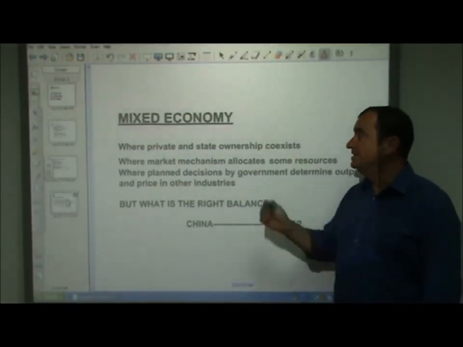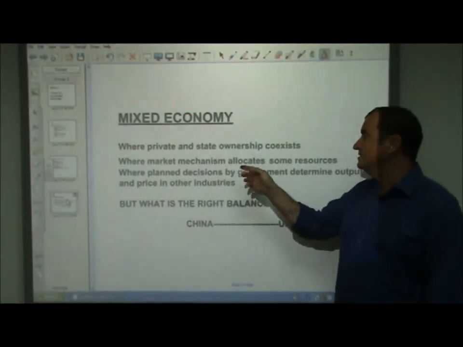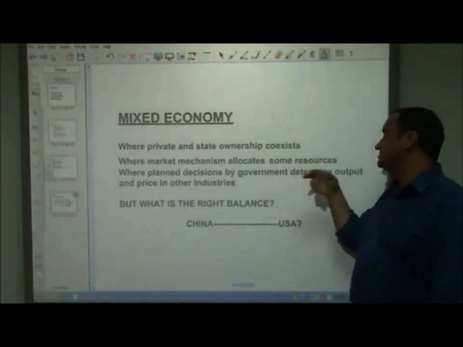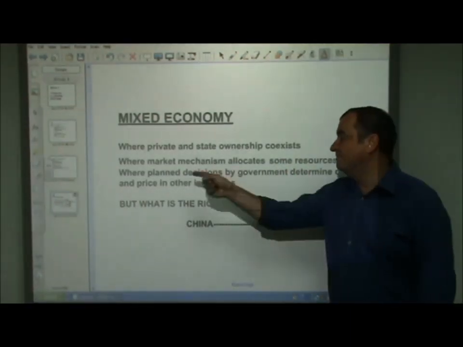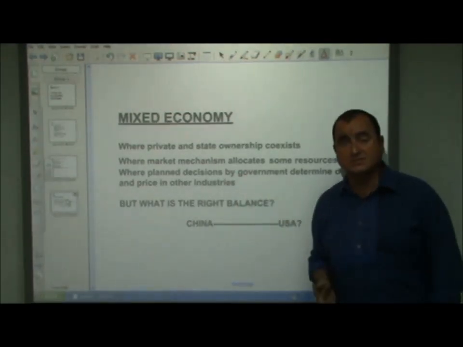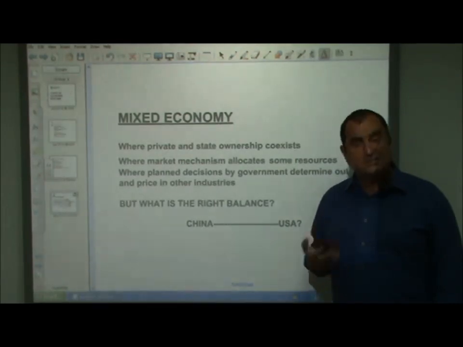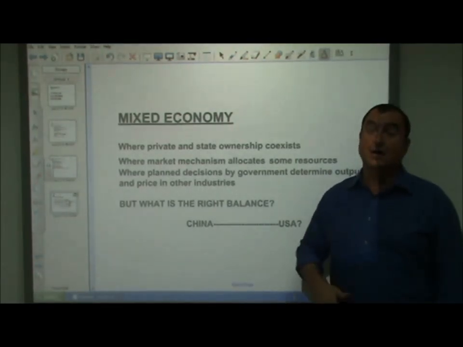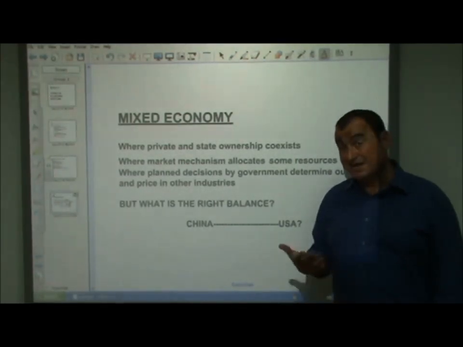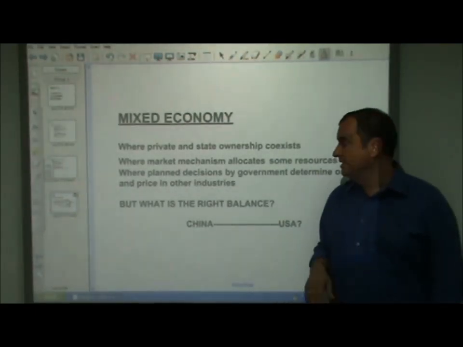So a mixed economy is where private and state ownership of resources coexists, where the market mechanism allocates some resources, and yet planned decisions by government determine output and price in other industries. So it's a combination of the market mechanism at work in some markets and the state overriding that market mechanism in other markets, typically education, healthcare, defense.